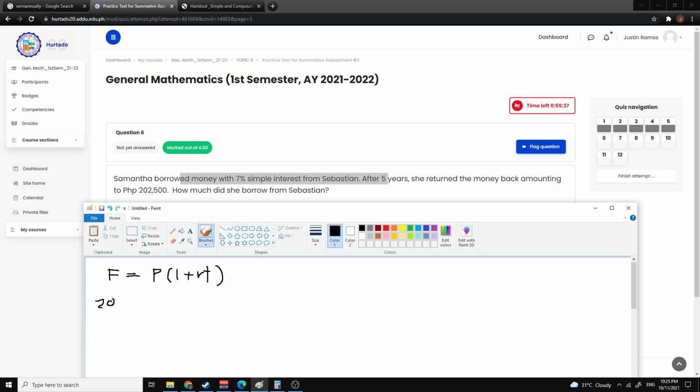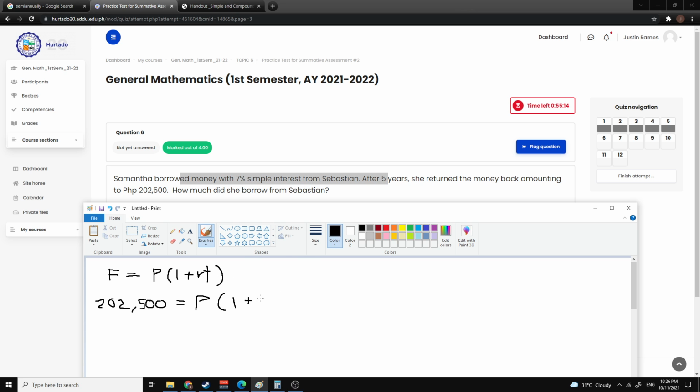So 202,500 is equal to P times 1 plus R times T, because we're trying to solve for P here.